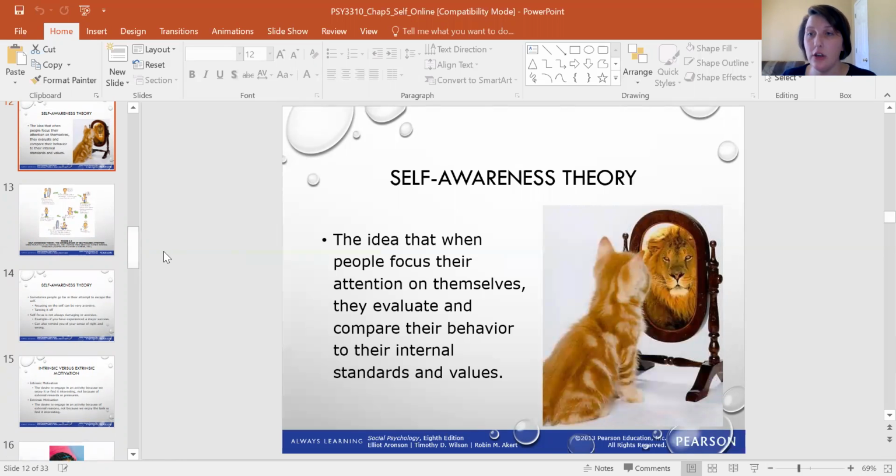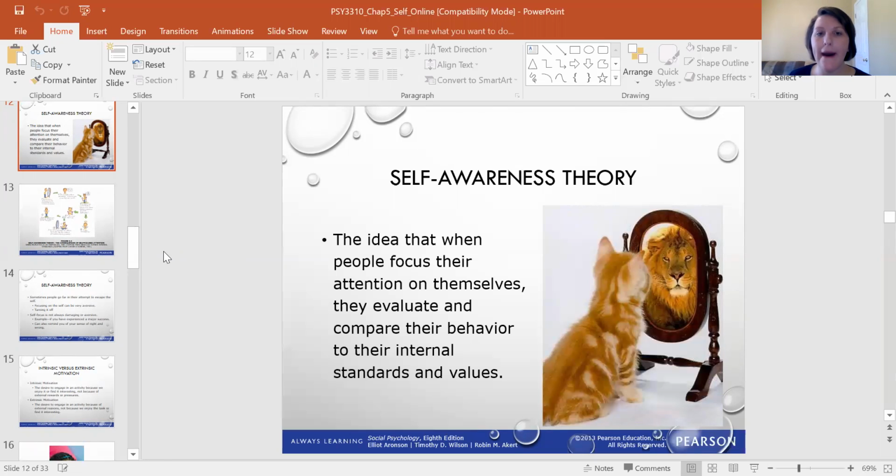Maybe somebody took a video of you on their phone and then posted it to social media and you're watching yourself. Another way to see yourself is looking in the mirror. And so this idea of focusing on your own self, right? But comparing yourself and your behavior to who you think you are.